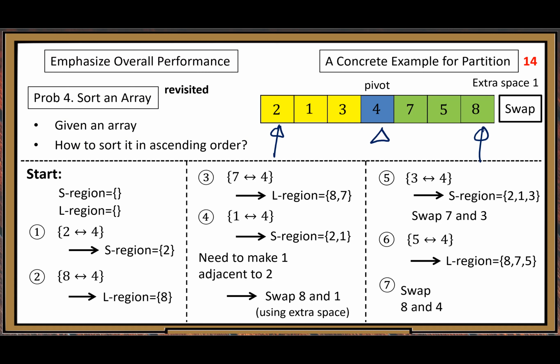Where the divide step results in an unbalanced partition, your performance is slower. If all the partition steps result in extremely unbalanced cases, then you get the worst case. That's the worst case.